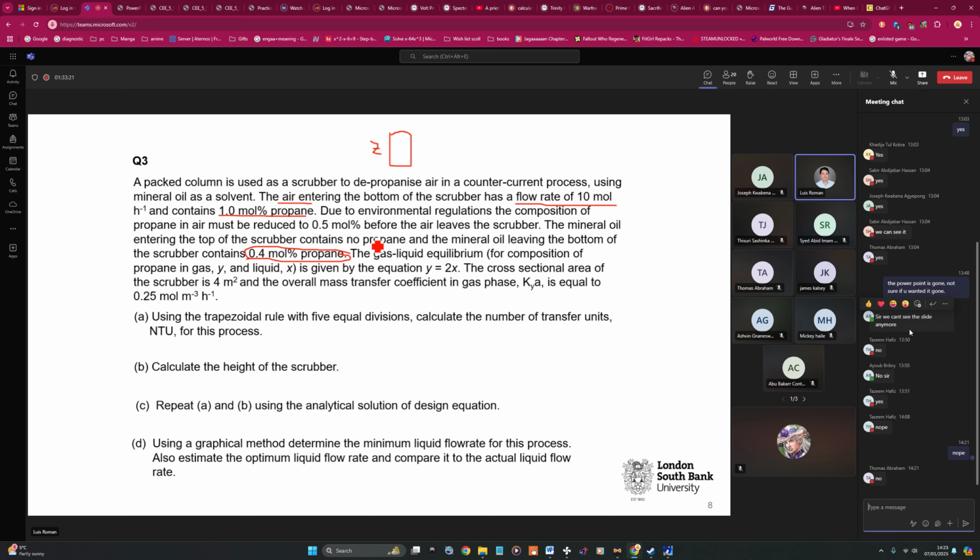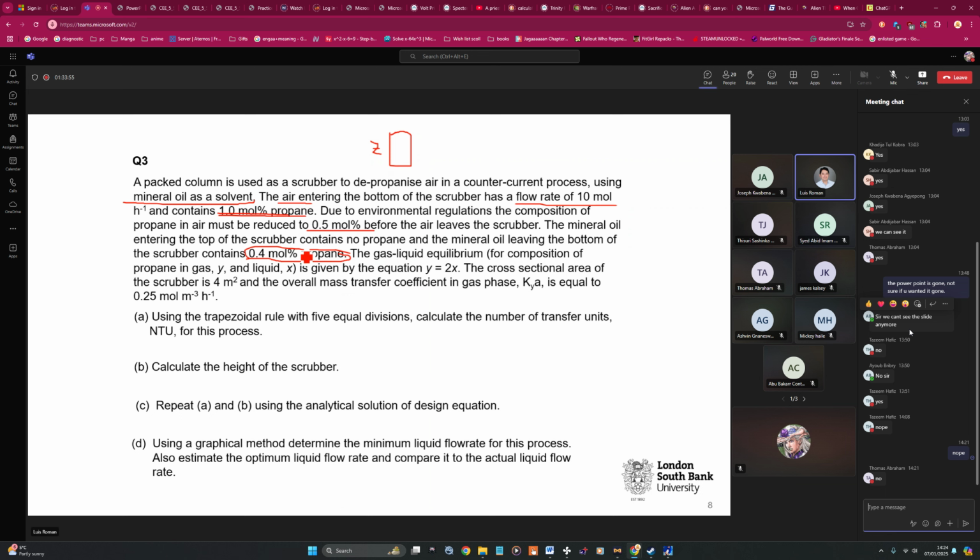So we are using a liquid phase, which is some mineral oil. Sorry, the gas enters at 1 mole percent, and I want to reduce it to 0.5 mole percent.